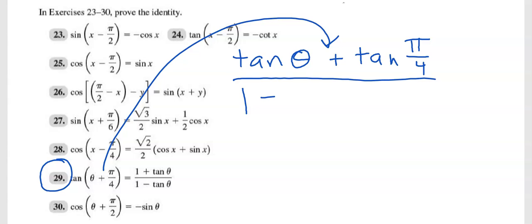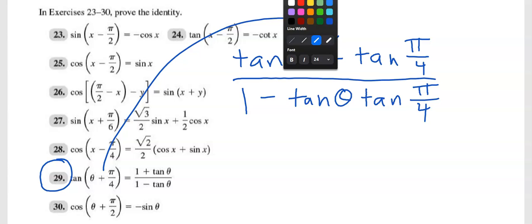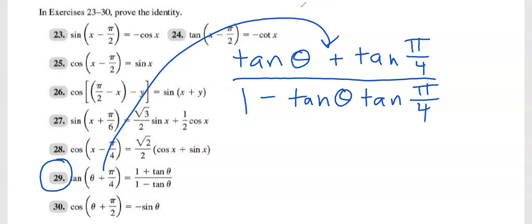Switch the sign. Tangent theta. Tangent pi over 4. All I'm doing is plugging things into the formula, folks. Okay. You start substituting. See if you can make it happen. See if you can see the algebra.